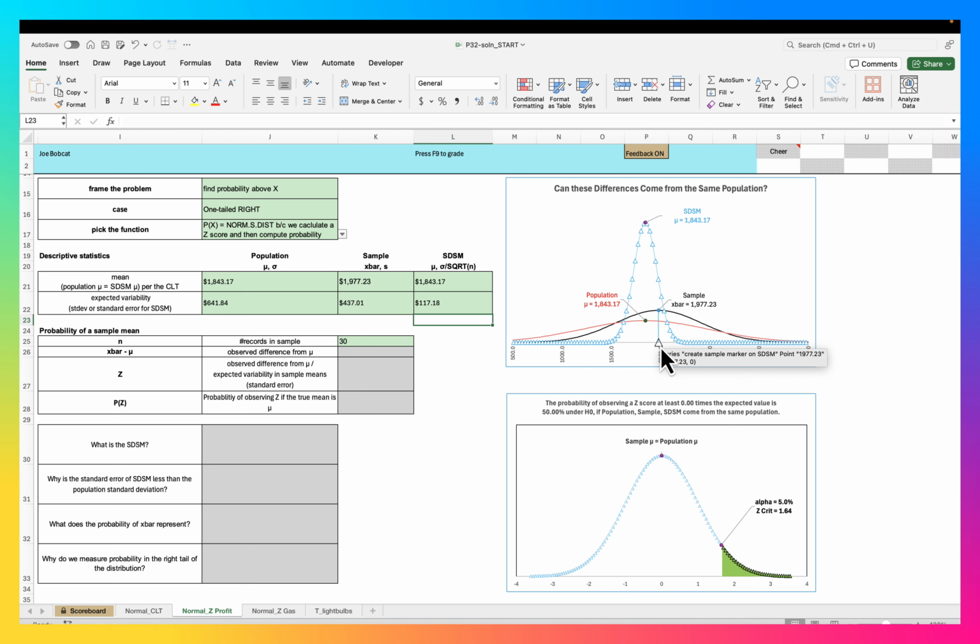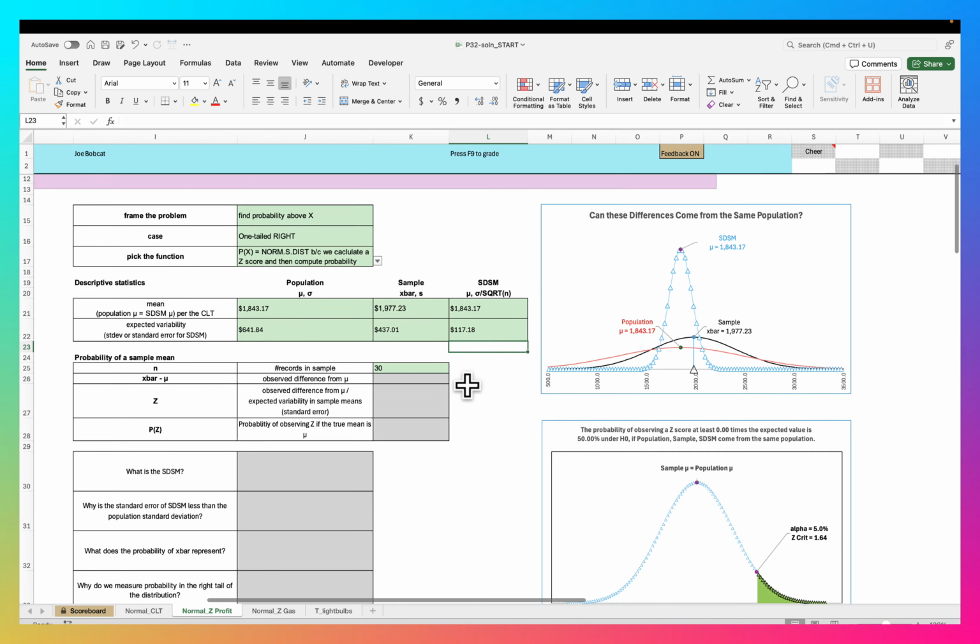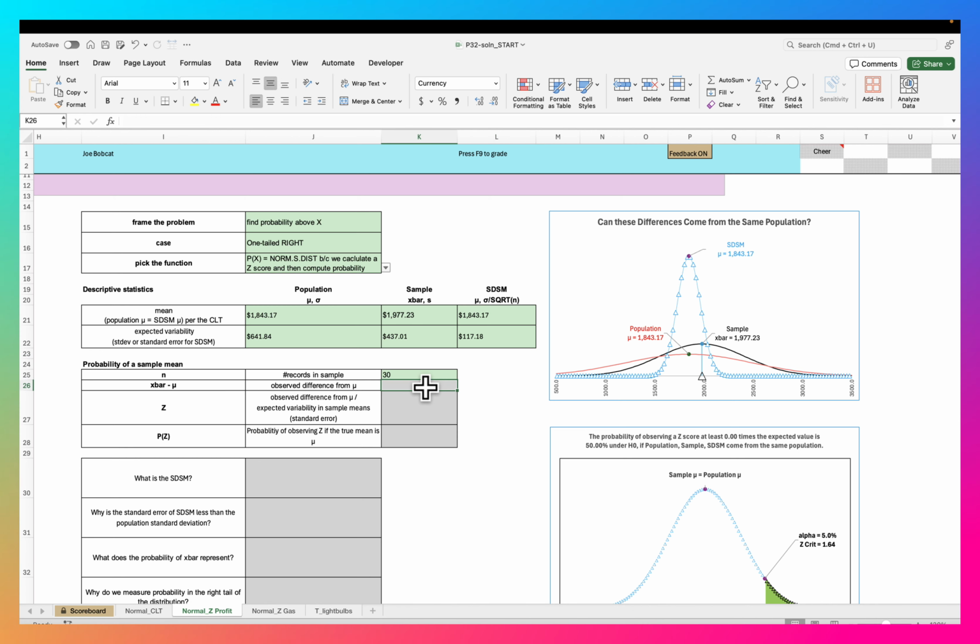So we're going to keep going. So x bar minus mu is equal to, here's x bar minus mu is this. So that's the difference of the sample mean from the population mean.